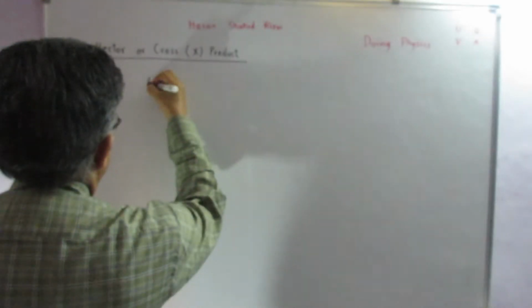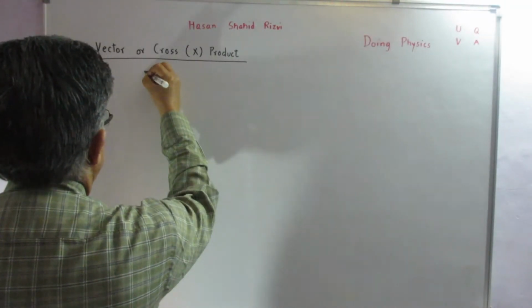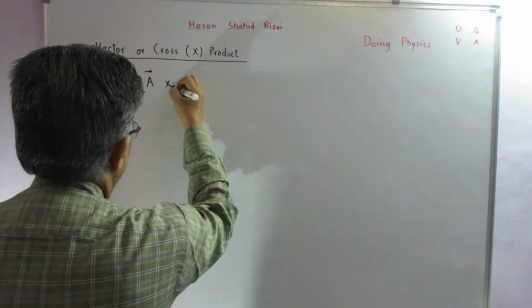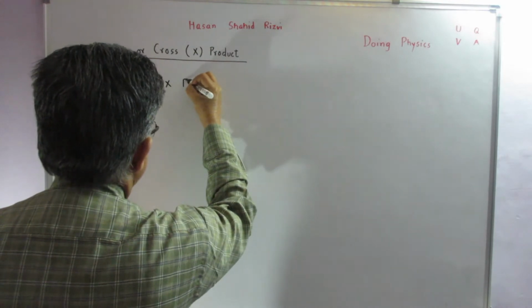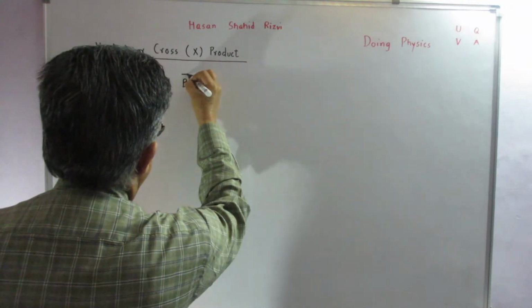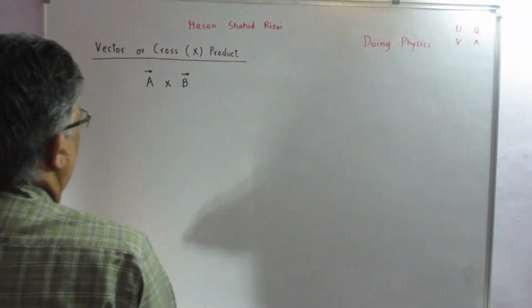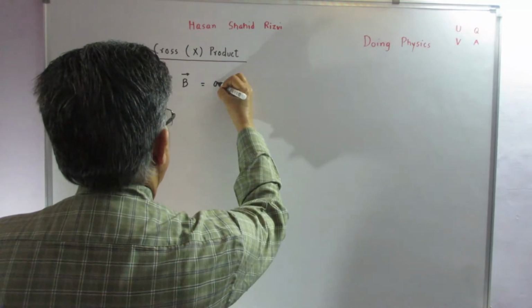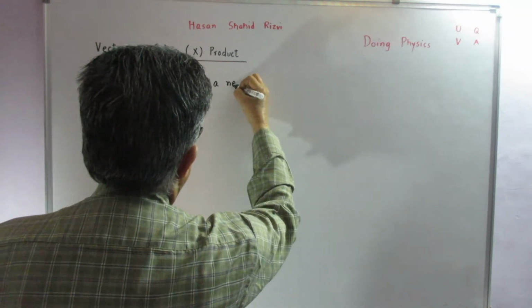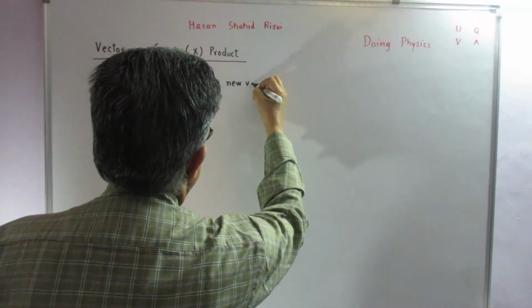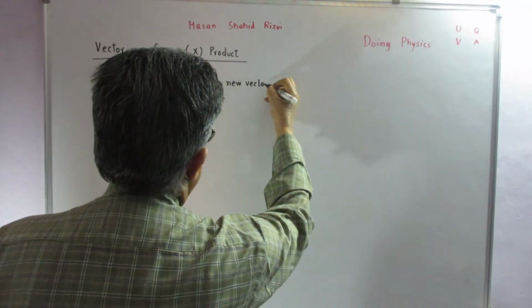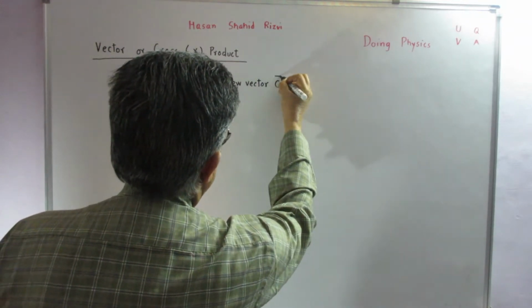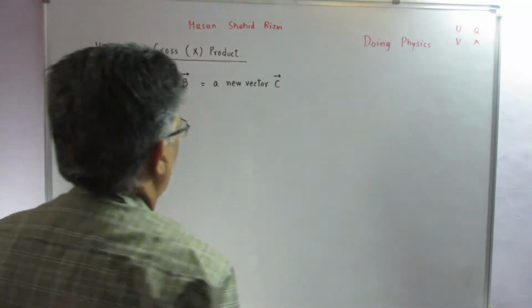Now I have two vectors a and b, and we have the product denoted by cross, a cross b is equal to a new vector. I'll just call this vector c.